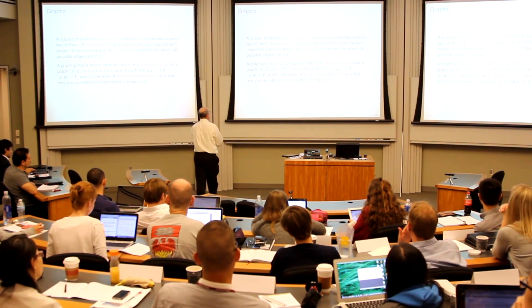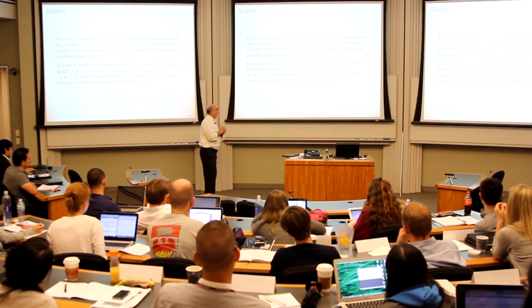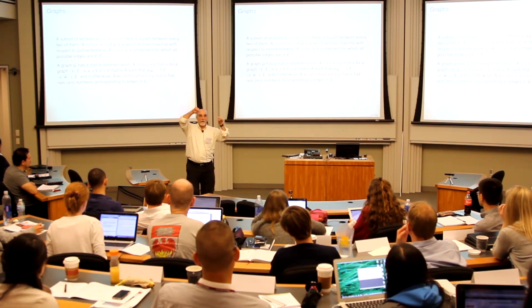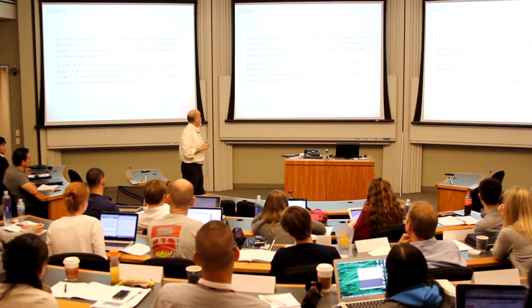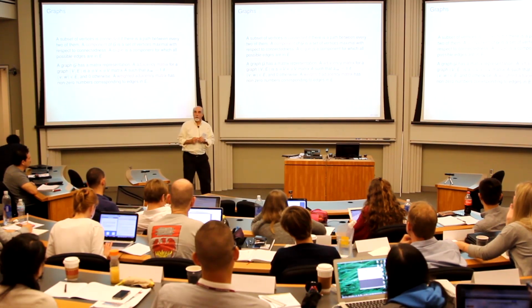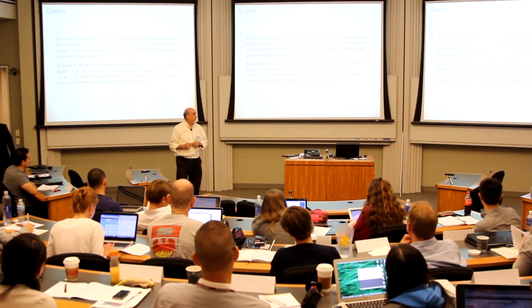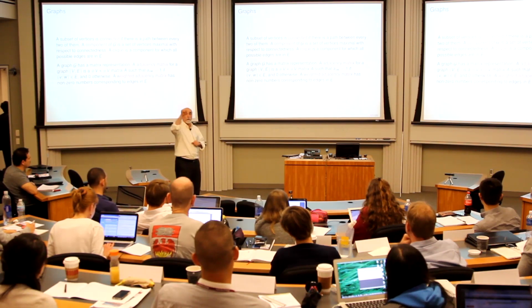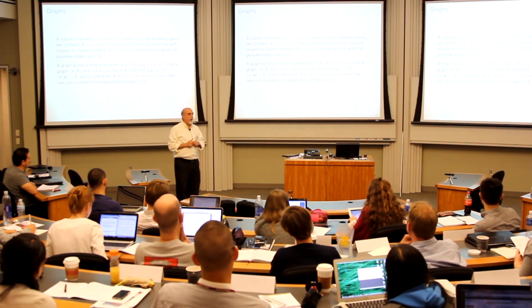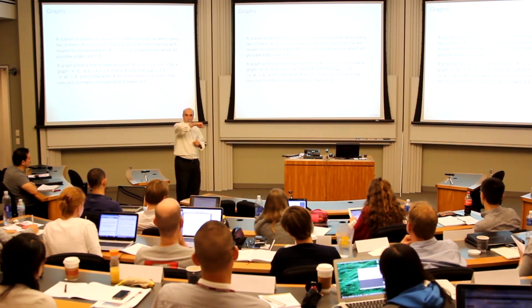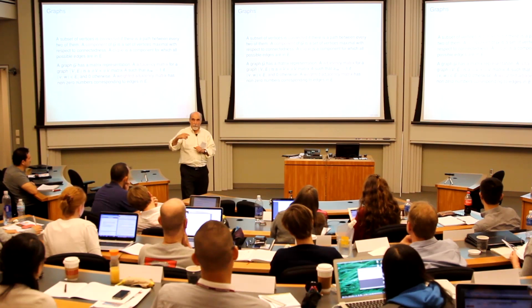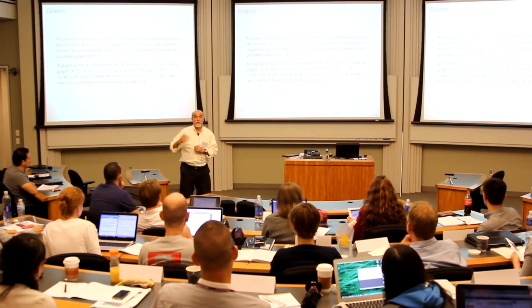It's a square matrix that has a row and a column corresponding to each person in the graph. There is a 1 in the VW entry, in the VW position in the matrix, if there is an edge from V to W. If we have an undirected graph, where the directions go both ways, if there's an edge from V to W, there's an edge from W to V, so those are going to be symmetric.